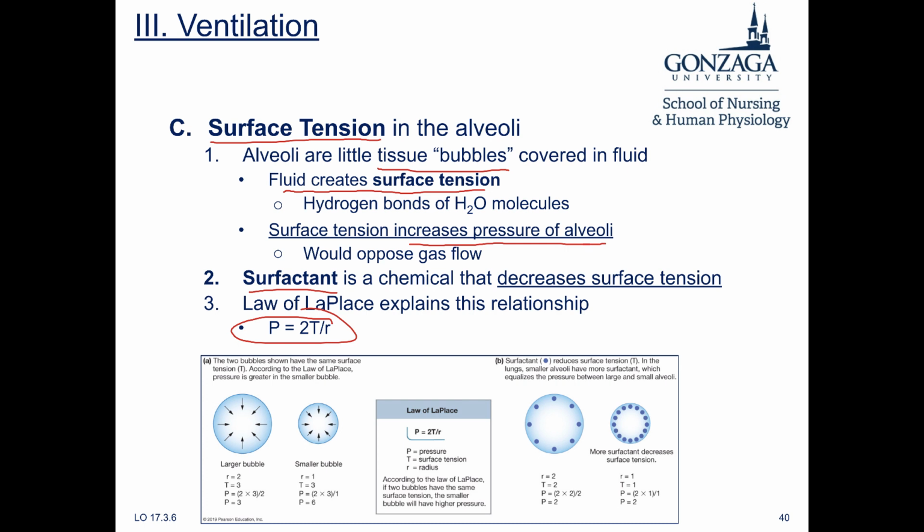So what happens is the alveoli produce surfactant, which is shown by these little blue bubbles, and the surfactants actually decrease the surface tension, and they allow for the equalization of pressure between the alveoli, so you don't have low pressure here and high pressure here. Basically, it makes the pressures equal.